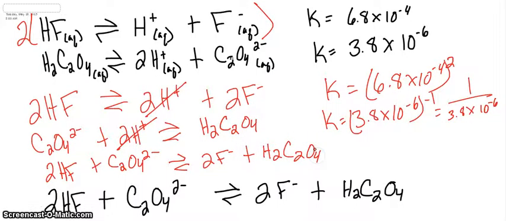So that matches our bottom reaction. So now all we have left to do is multiply the two K values together, and that will give us an overall K value of 0.1217. So that's it for that problem. Here's our final K value over here. And here's our final reaction.